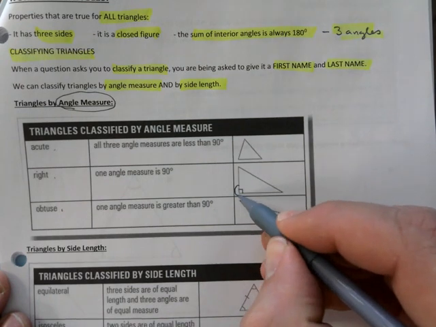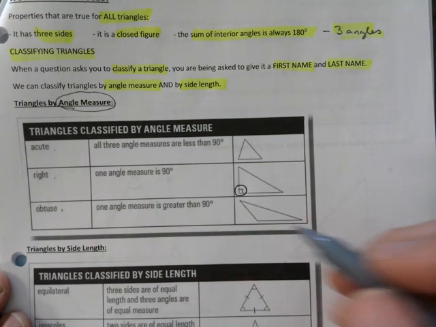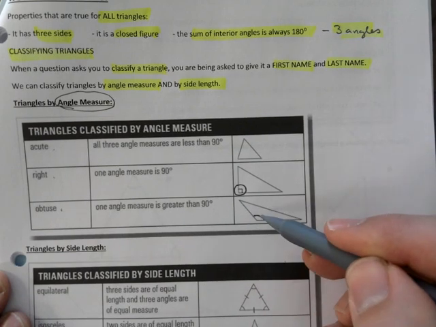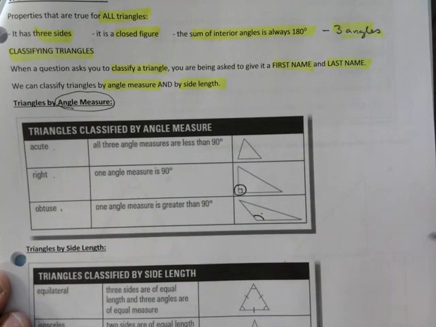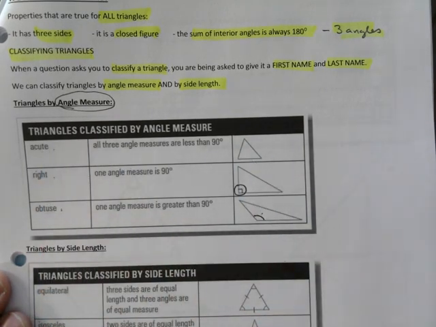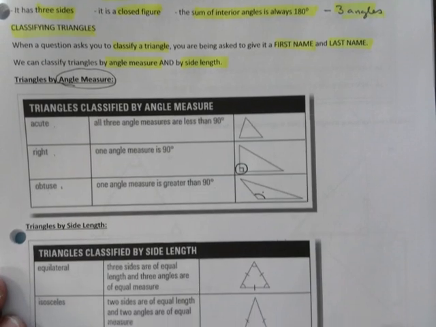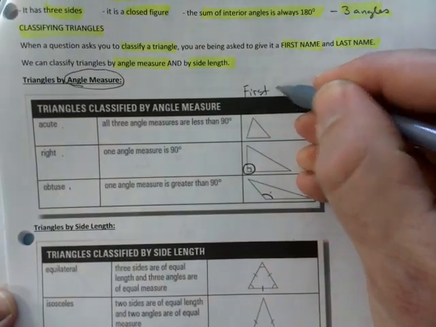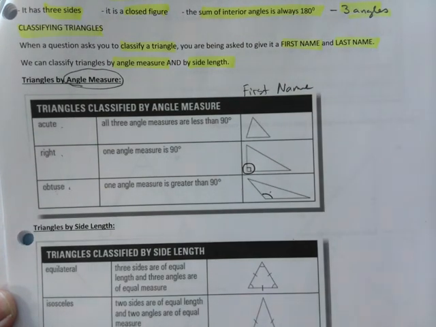And this is a dead giveaway that it's a right triangle. Having either a diagram like this or something that's bigger than 90 here is going to be a giveaway for it being obtuse. And then you have your acute where everything is less than 90. So this would be the first name.